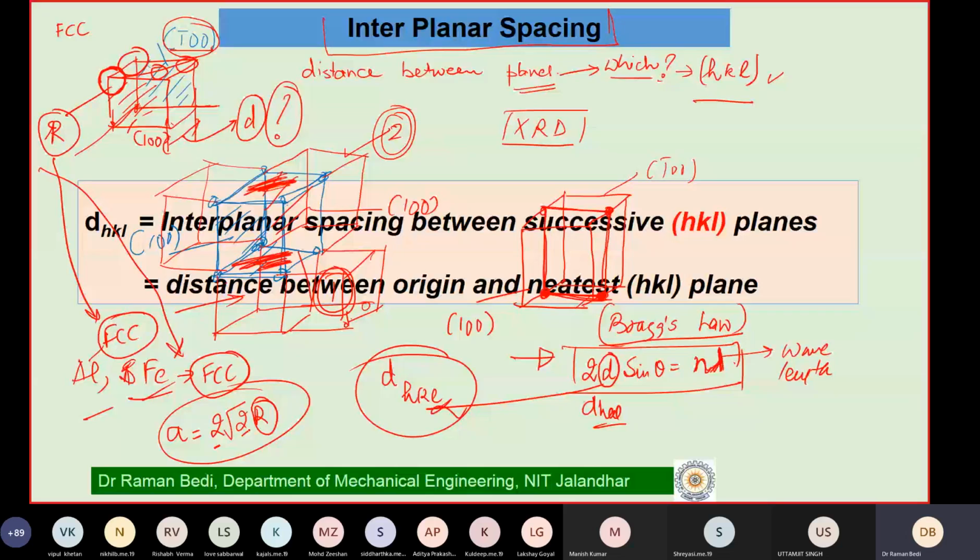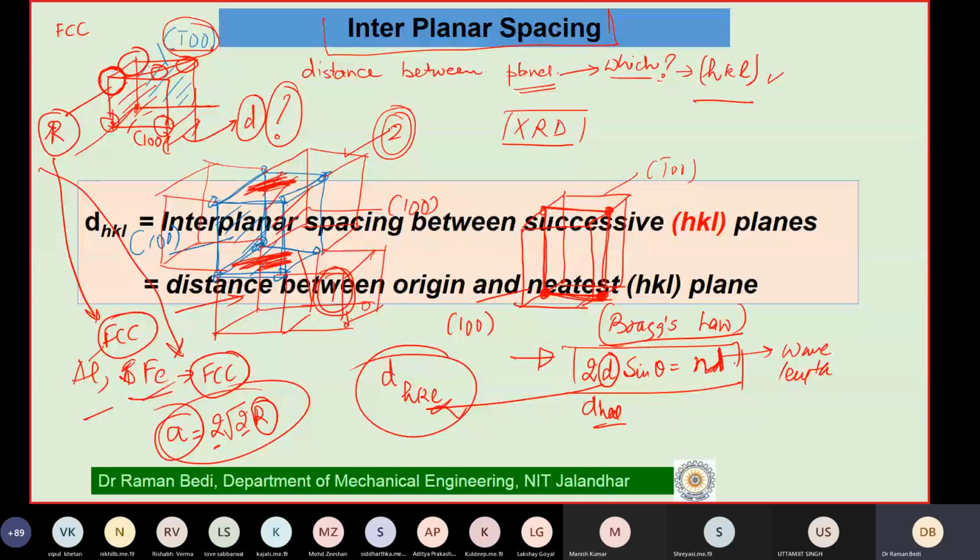And if the unit cell size is different, the interplanar spacing will be different, because if I only see these 100 and 1 bar 00, it is nothing but A. Is that right? Yes or no? Yes, sir. Okay, I think it is okay for today.